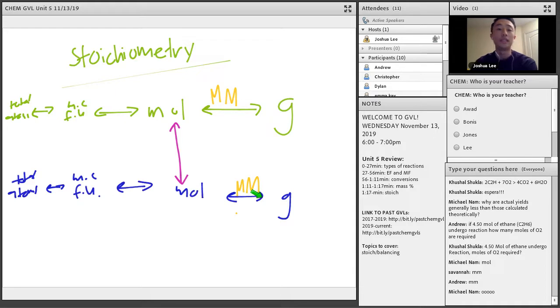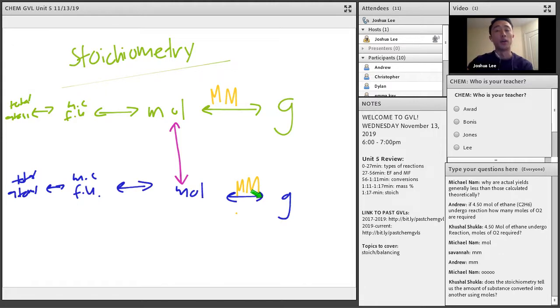The only different thing in stoichiometry is now it's relating two different compounds together based on their mole ratio. You're going to get the mole ratio from the balanced chemical equation. That's going to allow you to jump from one street to the next street.